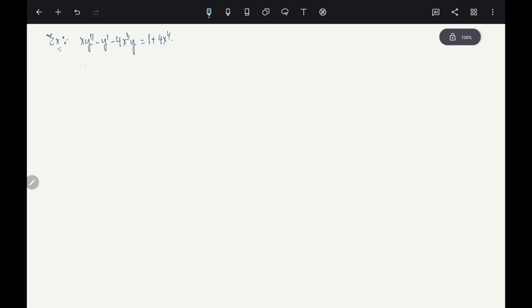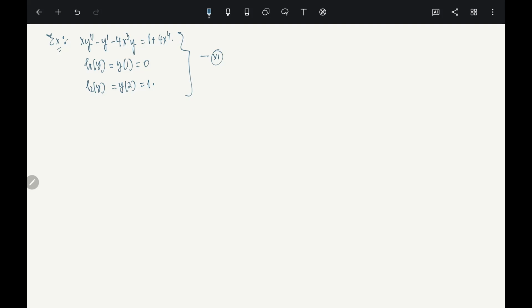What are the boundary values? First of all, L1 of y is given by y at the point 1, and this is 0, let's say. And L2 of y is given by y at the point 2, which is 1. So this is the problem. Let's just call it 6.